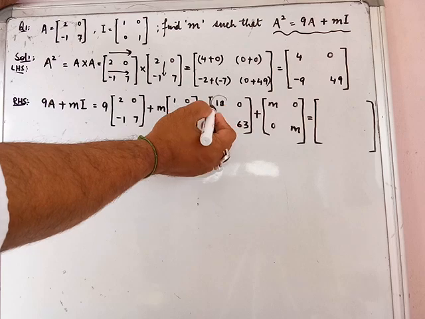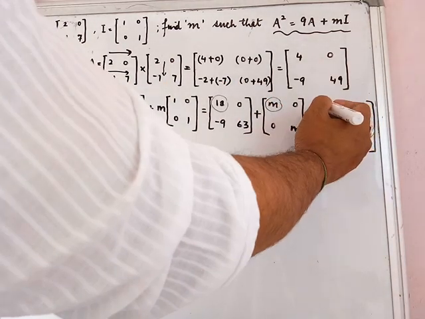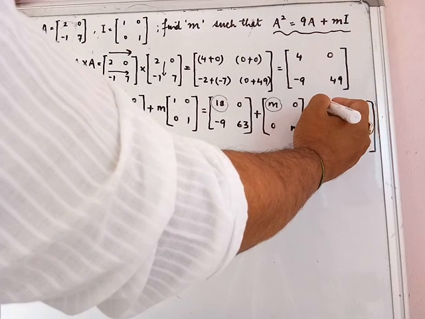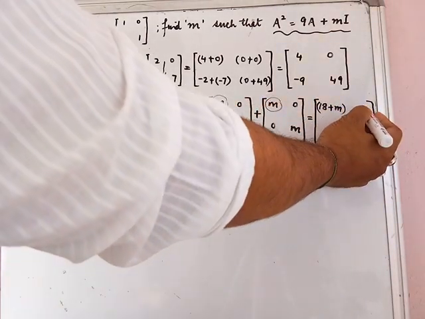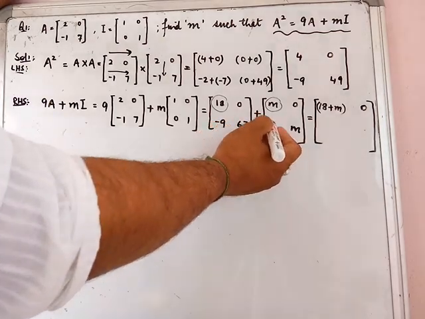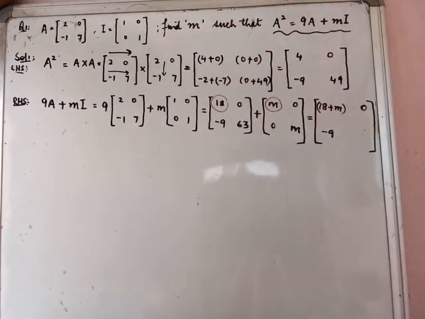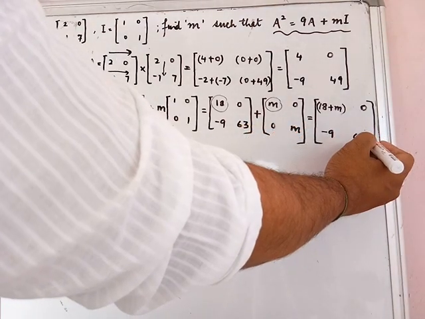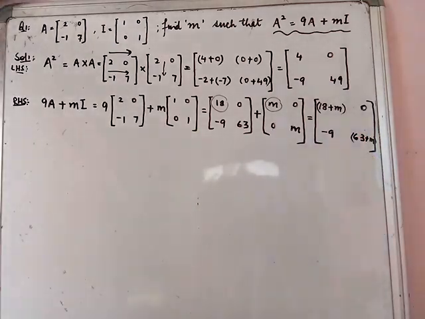So suppose I pick 18 from here, I have to pick m from here. So the first entry will become 18 plus m. Please remember they are getting added up. 0 plus 0 obviously gives you a 0, and then you have the third entry over here, minus 9 plus 0 is going to give you a minus 9, and then 63 plus m is going to give you 63 plus m.